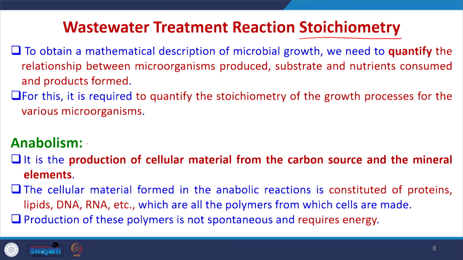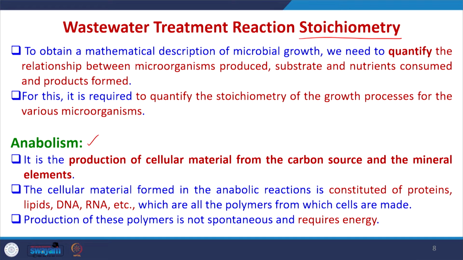So, during microbial growth, there are two types of basic reactions which occur. One category is called anabolism and another is called catabolism. In anabolism, it is the production of cellular material from the carbon source and the mineral elements.